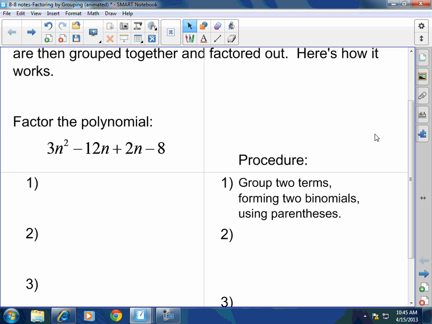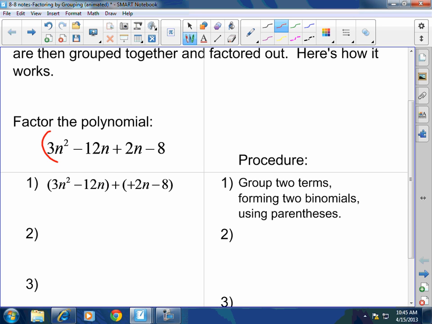Group 2 terms forming 2 binomials using parentheses. Take the first 2 terms, encapsulate them in parentheses. Take the second 2 terms, and notice how I kept the sign inside of the parentheses.